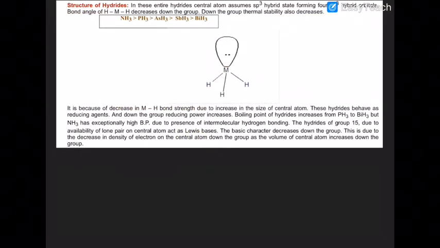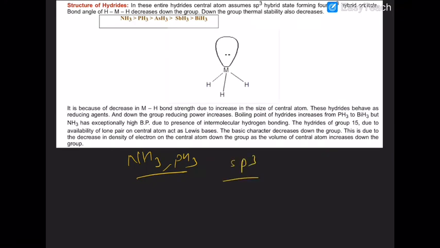Next you will have the structure of the hydrides. Now in NH3, the central atom is sp3 hybridized. But in case of phosphine, arsine, stibine and bismuthine, especially these three, the pure p orbital is involved in the bonding with hydrogen.